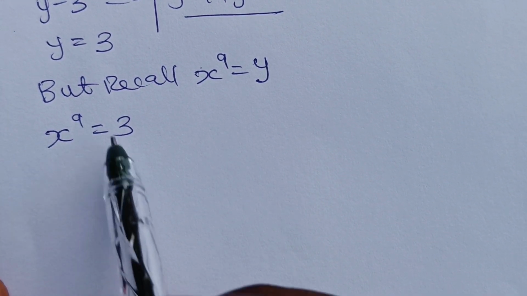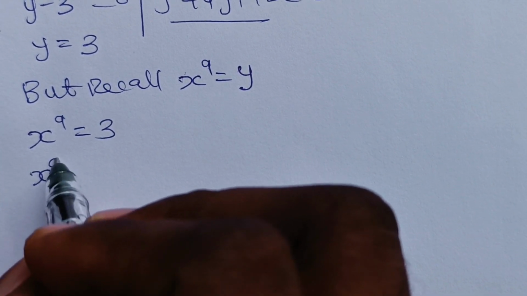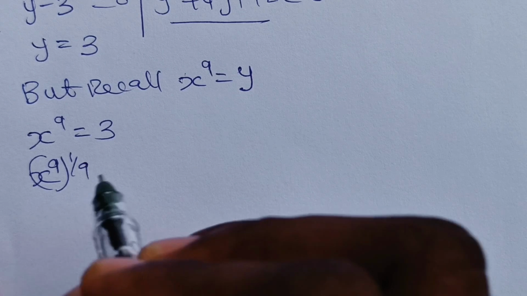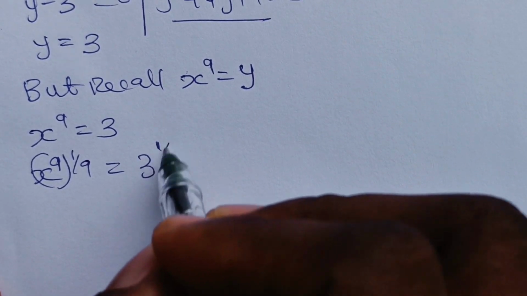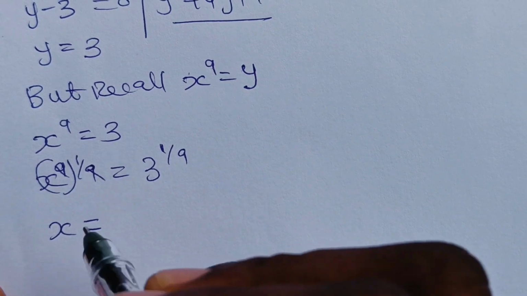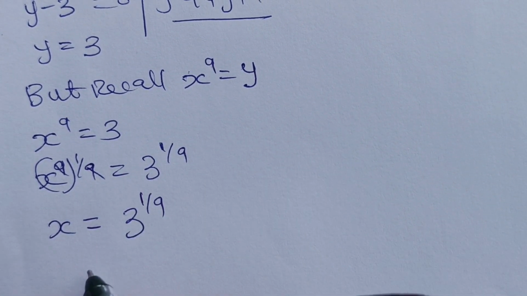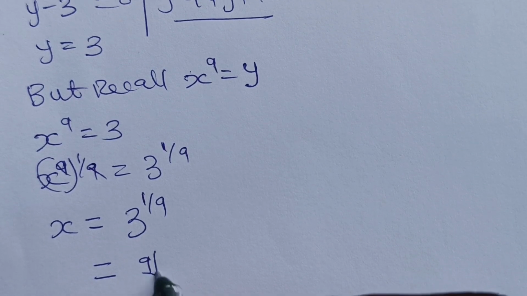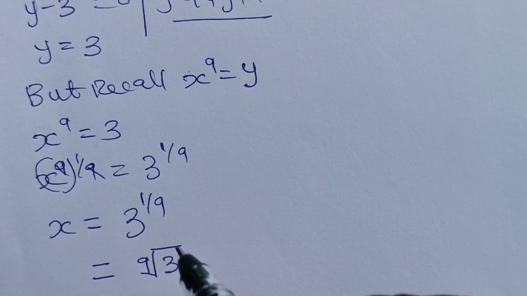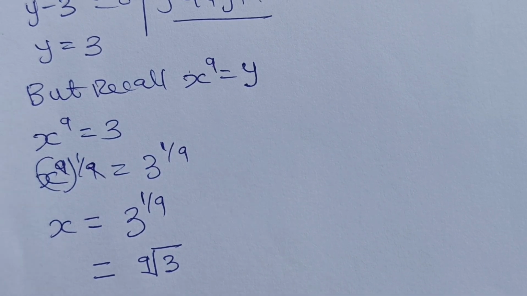Now to get the value of x here, we are going to raise each side to the power of 1 over 9, so we have 3 to the power of 1 over 9. Now 9 will cancel 9. We have that x is equal to 3 to the power of 1 over 9, which is also equal to the 9th root of 3.